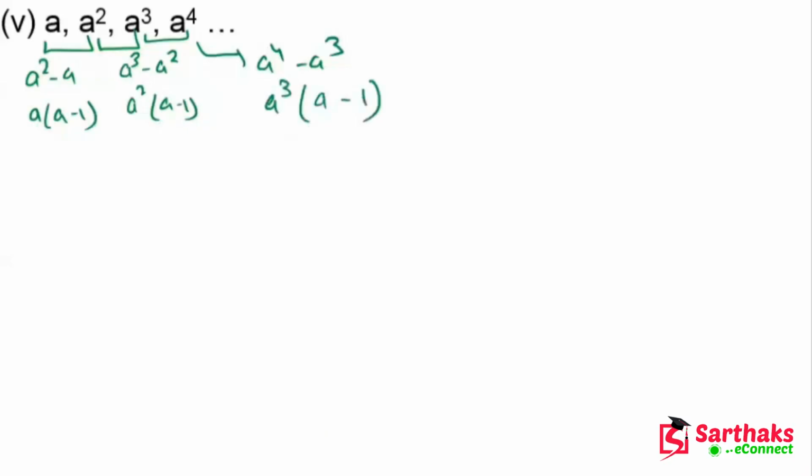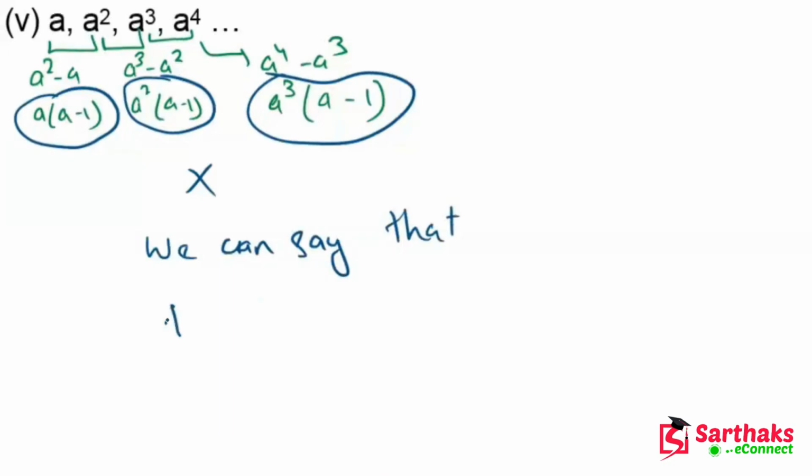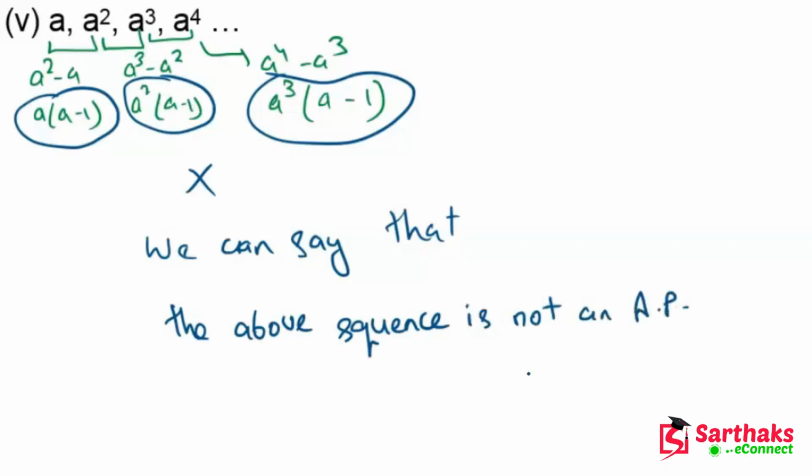Now if we observe it, a minus 1, a square into a minus 1, a cube into a minus 1, this is not same. So we can say that the above sequence is not an AP. Okay, my dear friends.